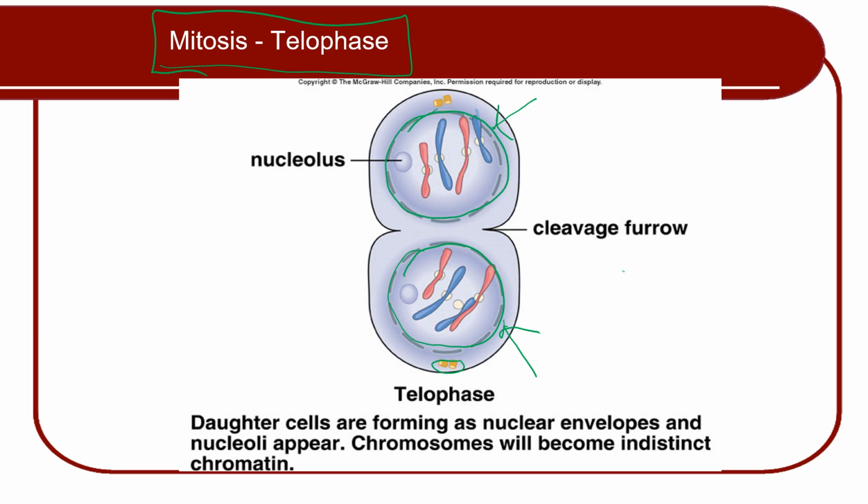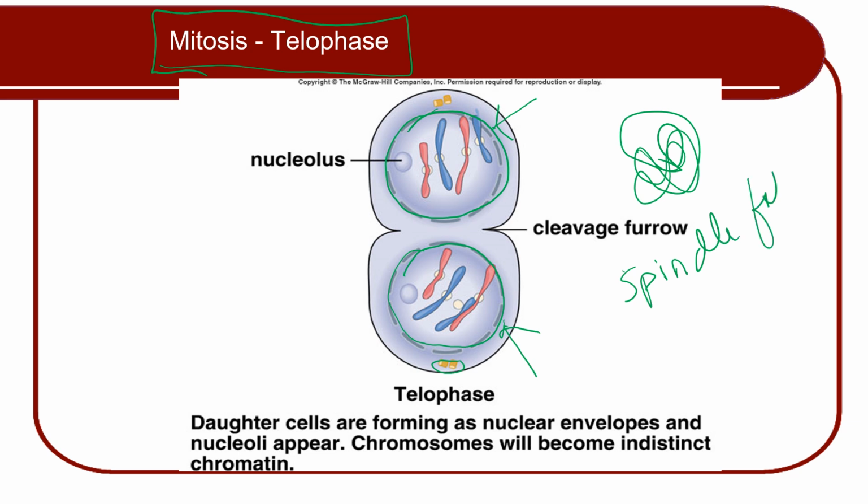And then the chromosomes are going to go back to that bowl of spaghetti thing where they don't look like the X-shaped. So those are the 3 things that happen in telophase. The spindle falls apart. The nuclear envelope reforms.